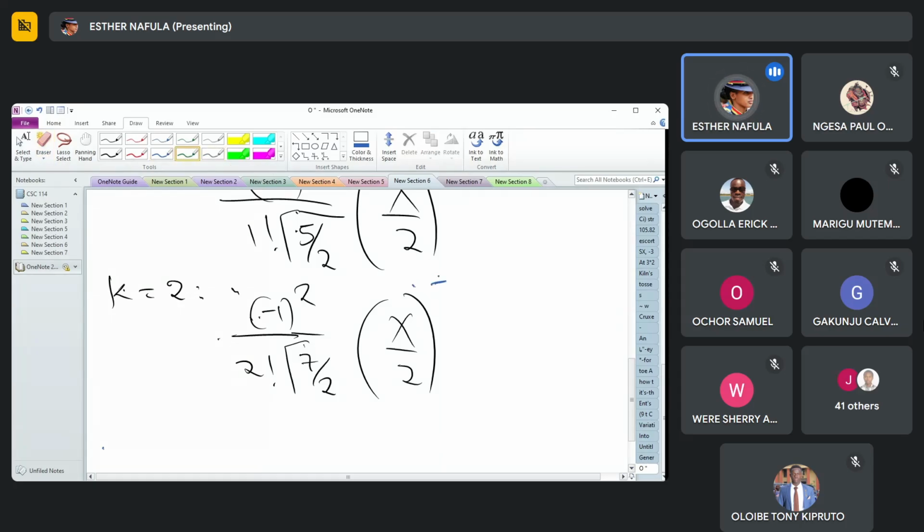So let's list down the first few terms. Sorry, may I ask how we got to 5 over 2? Should be 9 over 2. Use the formula for J half of x. What is the formula again?